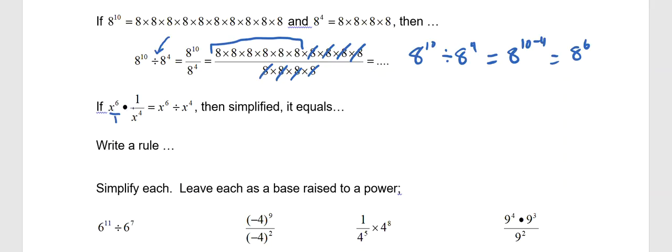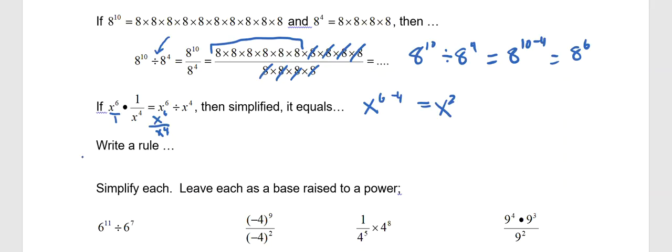And if I wanted to, I could essentially think of this as x to the 6th times 1, which is x to the 6th, over 1 times x to the 4th, which is x to the 4th. And that's going to be the same as seeing it with the division sign. So here we should quickly be able to recognize that this is going to be x to the 6 minus 4, which gives us x squared.